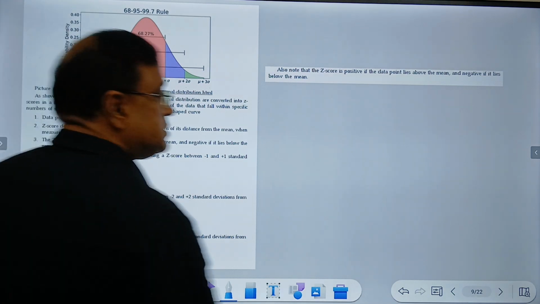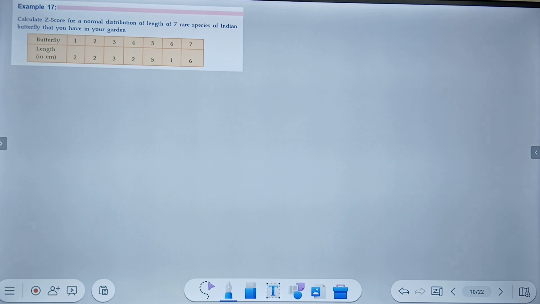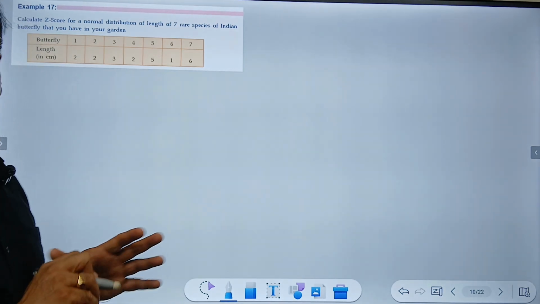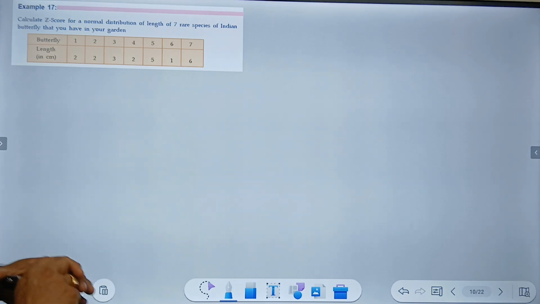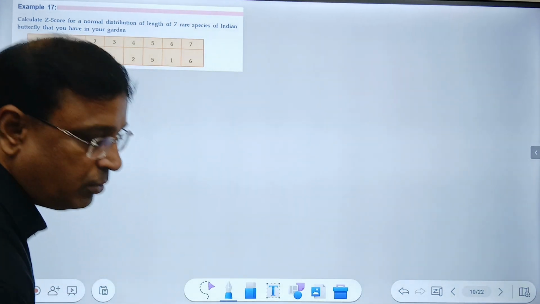Okay. So let's start with the problems. How do I calculate the z-score for the normal distribution? This is example 17 from the CBSE handbook. Calculate the z-score of the normal distribution of the lengths of 7 rare species of Indian butterflies that you have in your garden. Let us see how to go about it.